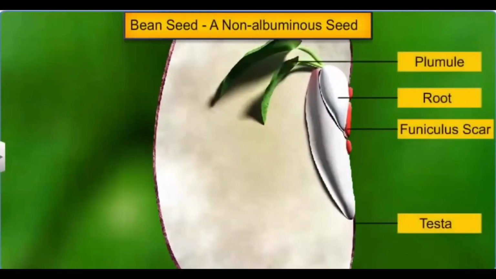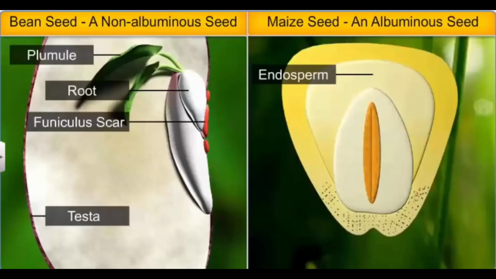Interestingly, in certain plants such as bean and pea, the developing embryo completely consumes the endosperm. Such seeds that contain no endosperm are called non-albuminous seeds. However, in wheat and maize, a residual endosperm is seen as it is not completely consumed by the embryo during the developmental stage.